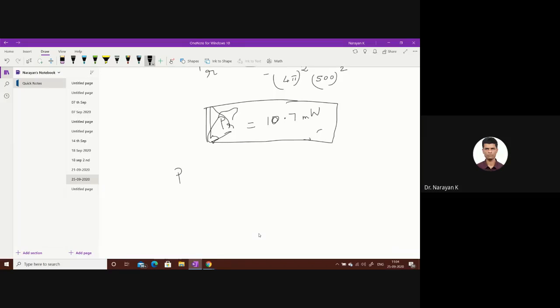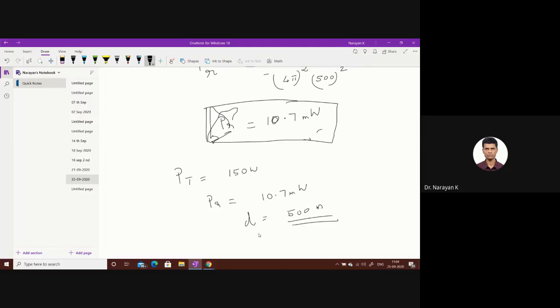So your power transmitted is equal to 150 watts. What is your power received? 10.7 milliwatts. What is the distance? 500 meters. So what it signifies is, if you are using a lambda by 2 dipole antenna.